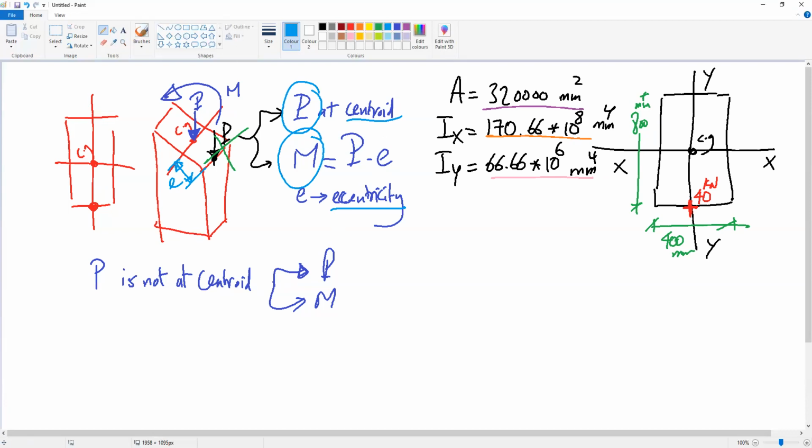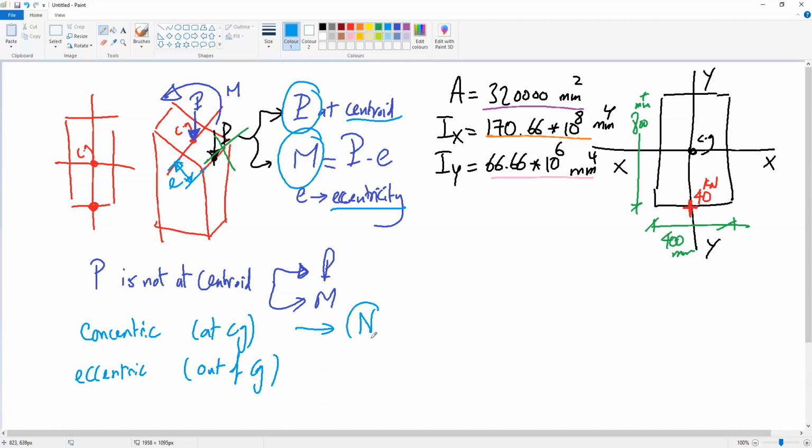We have two types of loads, concentric and eccentric. Concentric means at the CG, eccentric means out of the CG. Concentric means we only deal with normal force. Eccentric means we have normal force and moment, okay? And this is the difference between them.